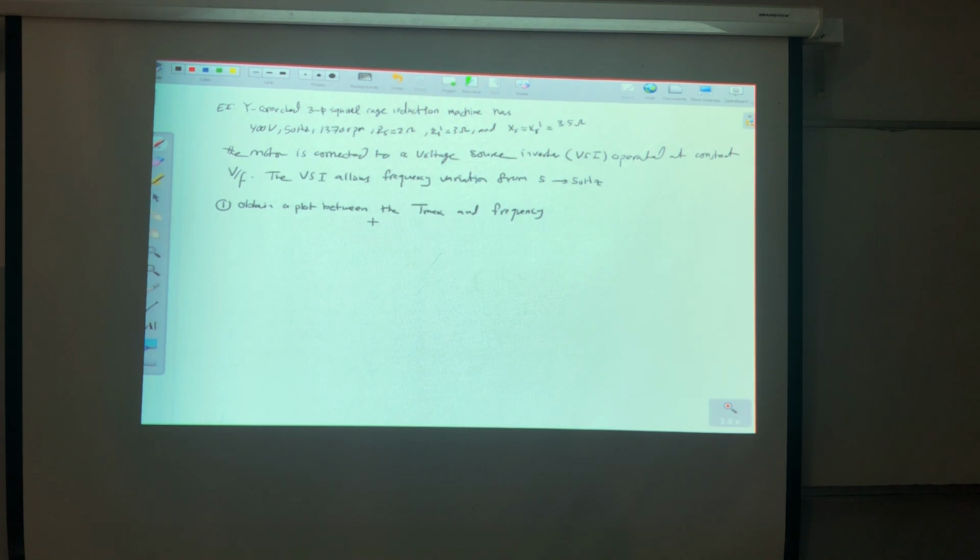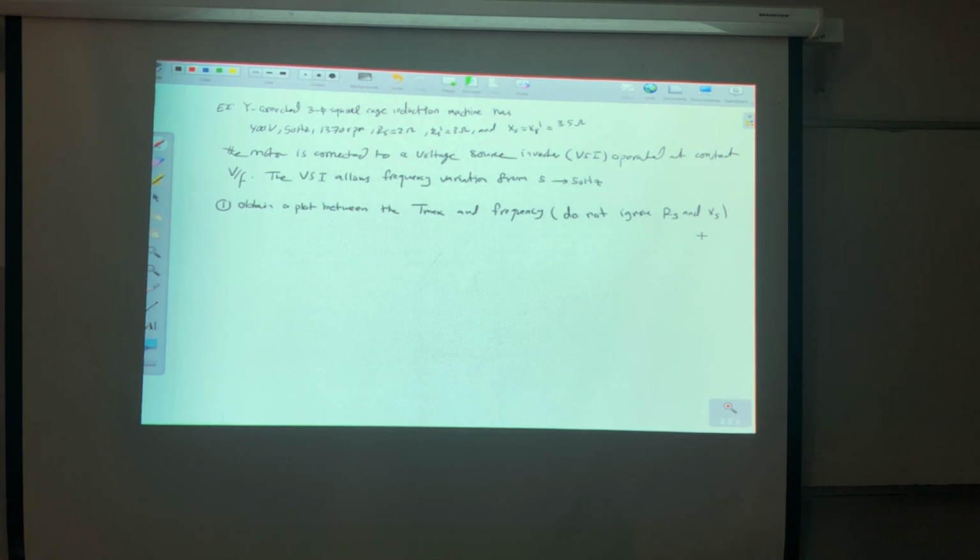Okay, so simply here, I'm not telling you that you can neglect the voltage drop across the stator circuit, RS. Do not ignore RS and XS.